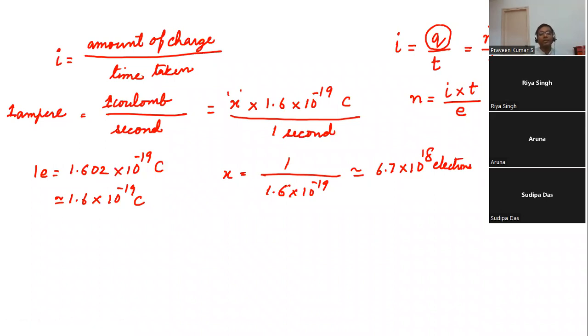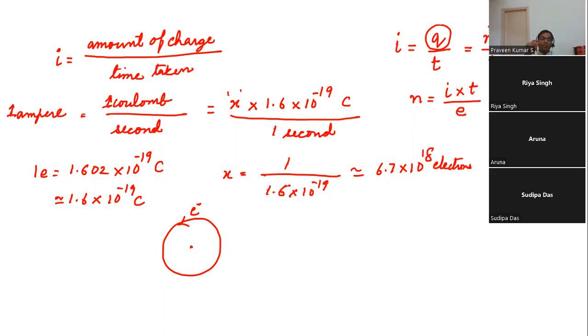Sometimes there are also quite interesting questions, like let's say there is an electron going around a circle like this at a certain speed. They'll ask you what is the amount of current flowing. How will you calculate that? 1.6 into 10 to the power minus 19 multiplied by 1 electron.